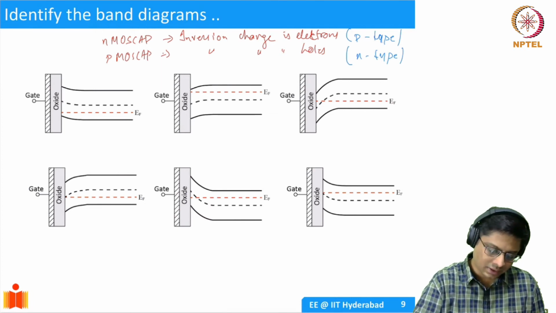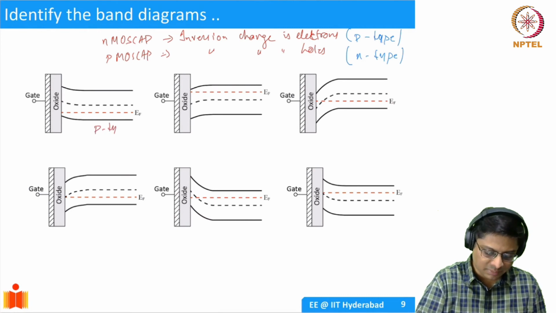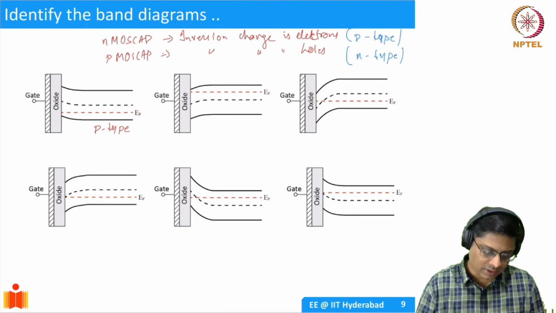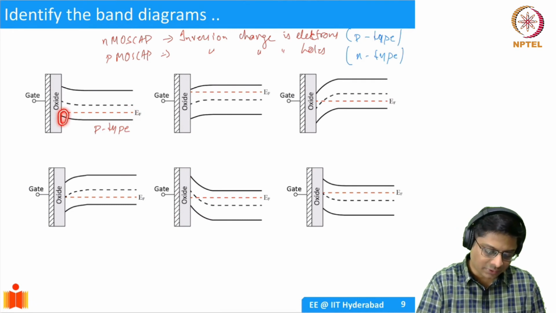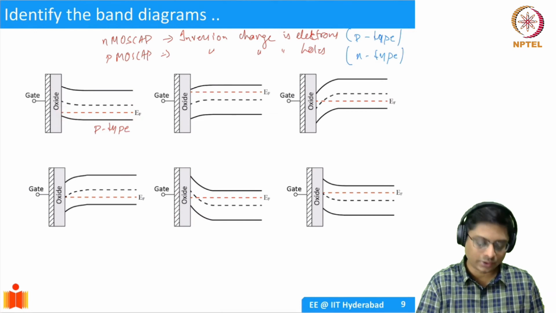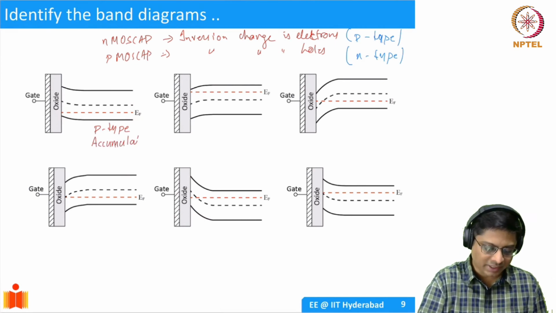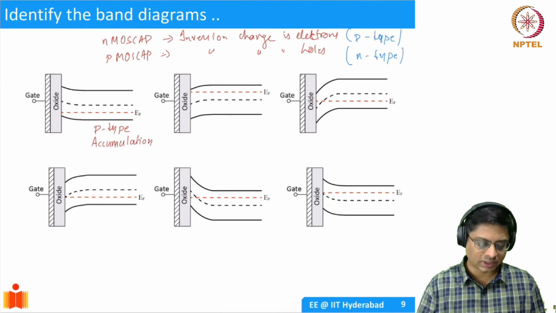First, identify the substrate. So this is a P-type substrate, right? We know that EF is closer to EV. And at the surface, you're having an excess of holes. If you're not able to see this, you have to go back and review how the Fermi level position is impacted by the density of carriers.